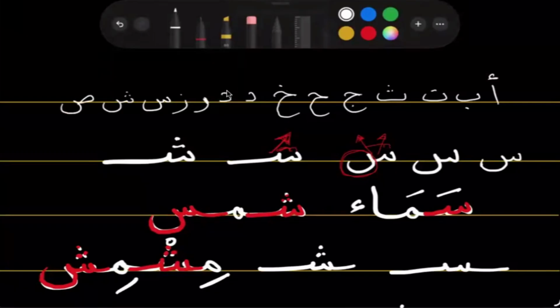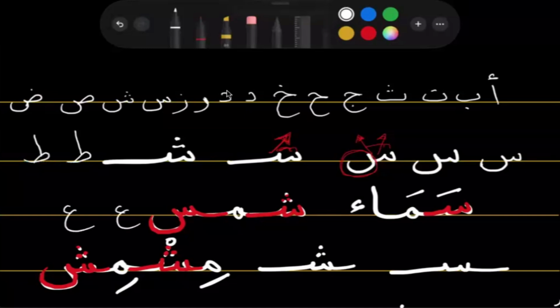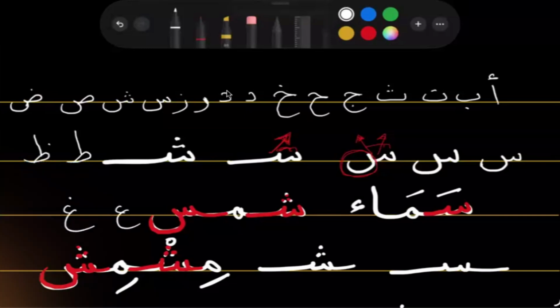I'm trying to improve my own handwriting. And we did ba and law. Those aren't so nice. And ayn and ghain. Do you have any questions?